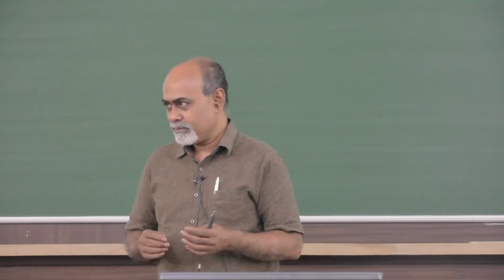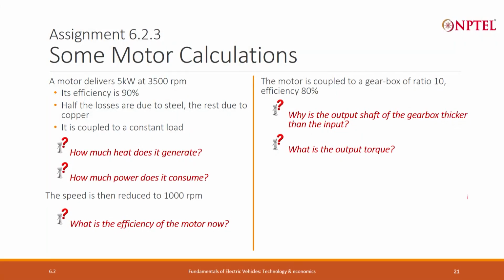But why is it so? That is a question. And if I were to couple this motor with a gearbox of ratio 10 and efficiency of 80%, what will be the output torque?